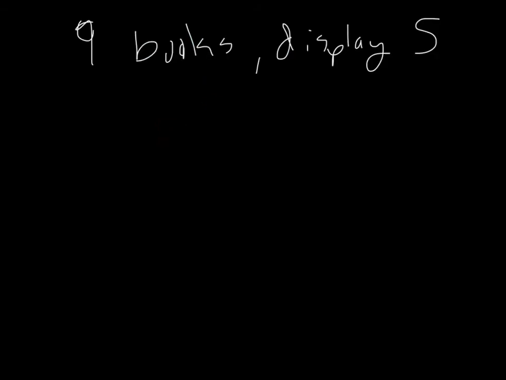So let's just try this example right here where I have 9 books and I'm going to display 5. Obviously the order matters, because reading the books from left to right, they are not the same thing. So I would say 9P5, meaning 9 books, making a permutation, I'm choosing 5. So to do that, I would say how many did I start with, and this is always this number, it's 9.